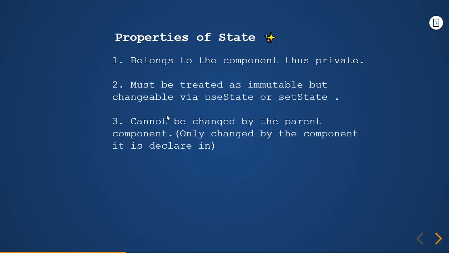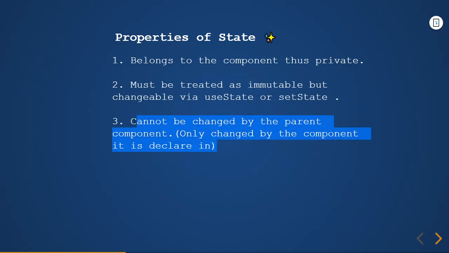And the third is that it cannot be changed by the parent, only by the component where it is declared. This is very confusing to many people, but just know that state can be changed.